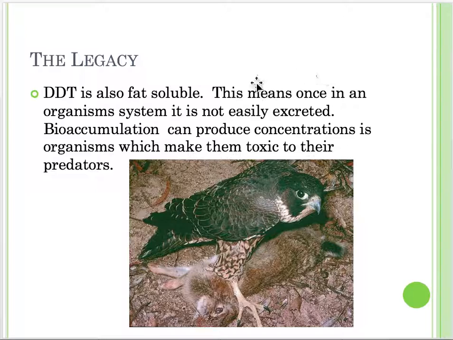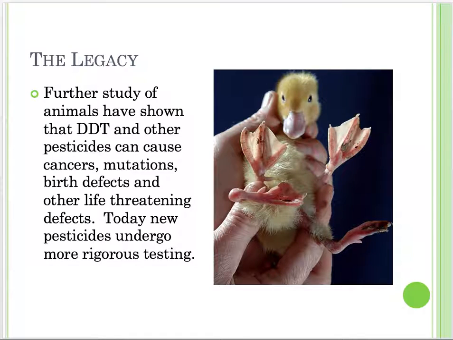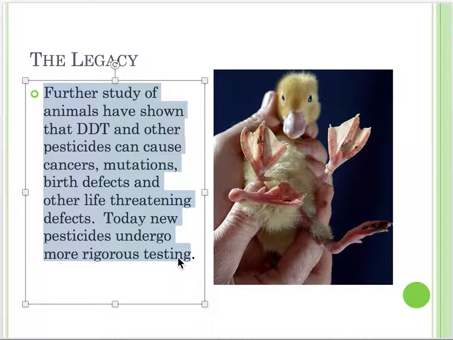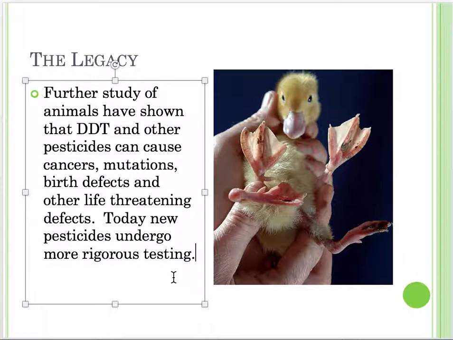Also, it's fat soluble, so it will stay in the body of most animals that have fat, because it likes to attach to them. And DDT can also directly cause birth defects and other life-threatening defects.